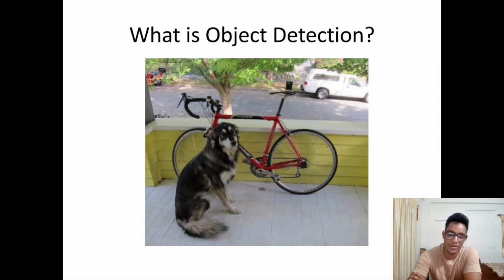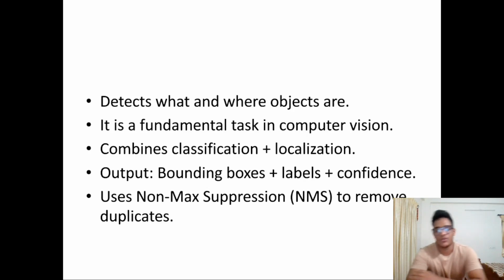Now, for a computer or machine to do the same task, it must be able to identify each of the objects properly and classify them, as well as know their locations in the image. So, object detection is basically detecting what the objects are and where they are, and it is one of the fundamental tasks in computer vision.